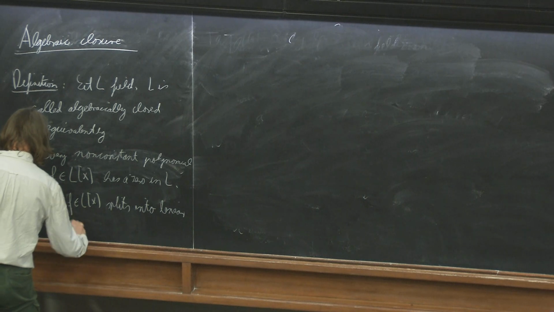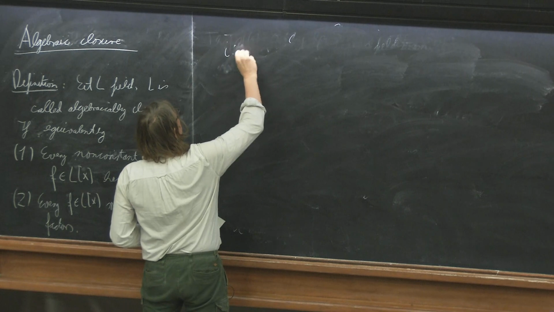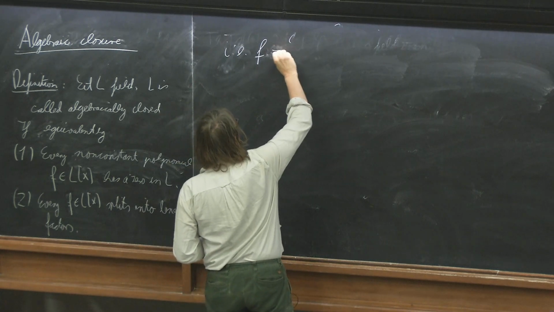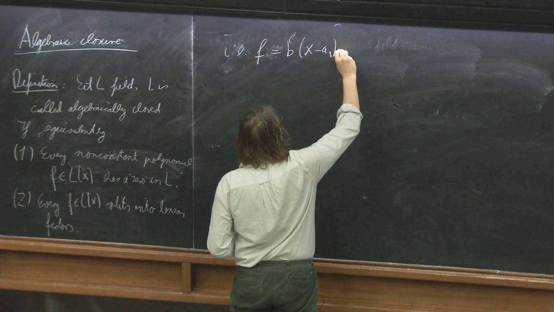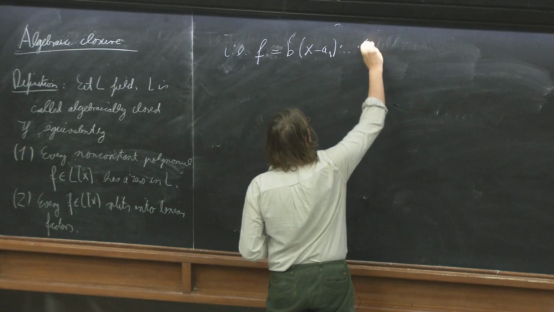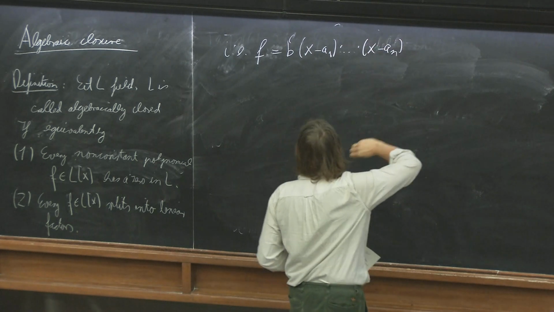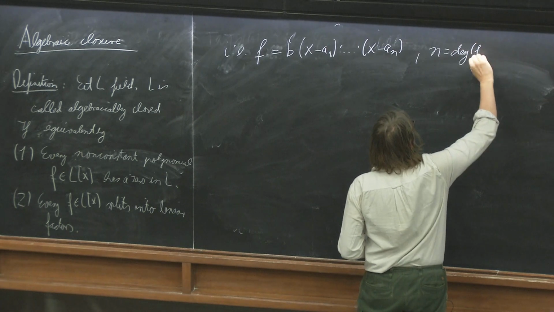By which I mean the following. We can write f as some constant b times (x minus a1) times ... times (x minus an), where n is equal to the degree of f and b is the leading coefficient.